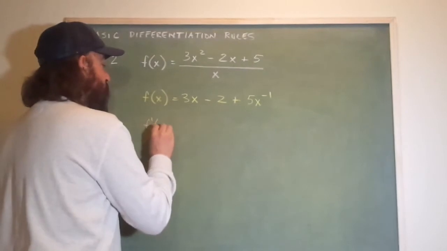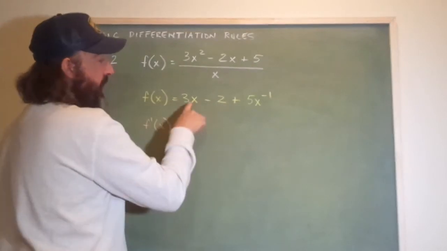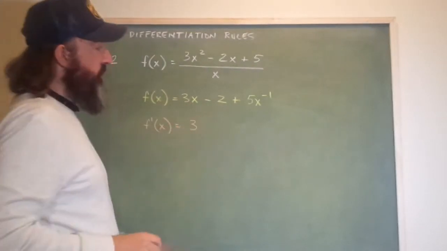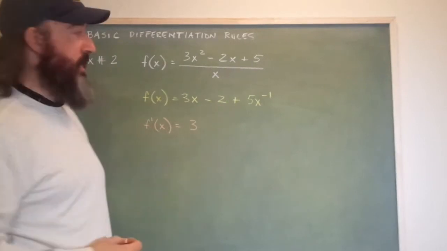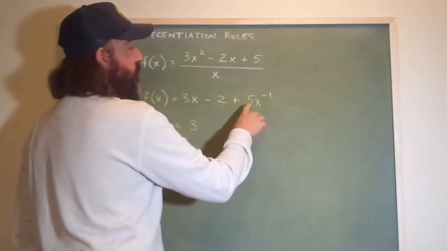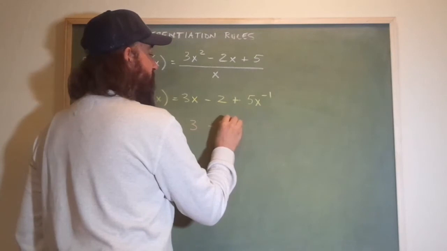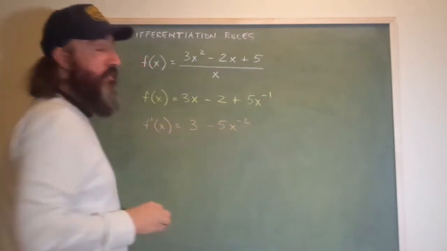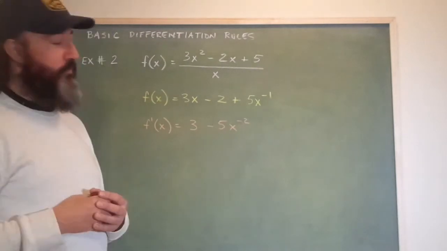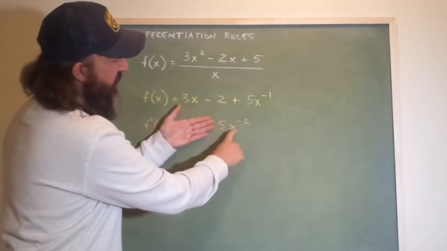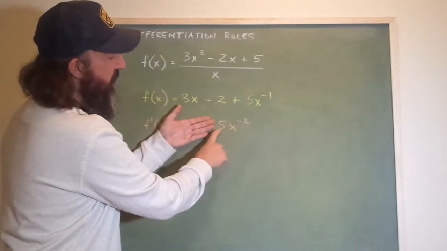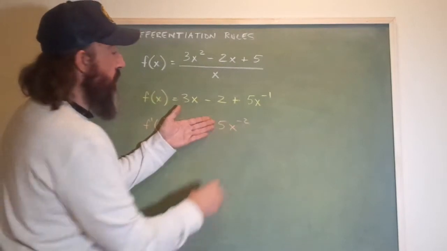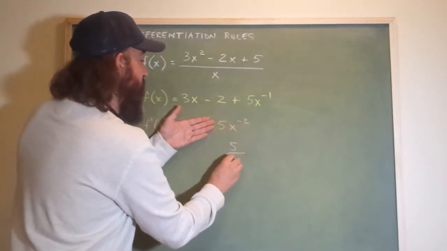F prime of x, the derivative of this 3x is just 3. The derivative of negative 2 is of course 0. And then negative 1 times 5 is negative 5x to the, and if I subtract 1 here, I would get a power of negative 2. I'm going to think of this 5x to the negative 2 as 5 times 1 over x squared, or in other words, 5 over x squared.